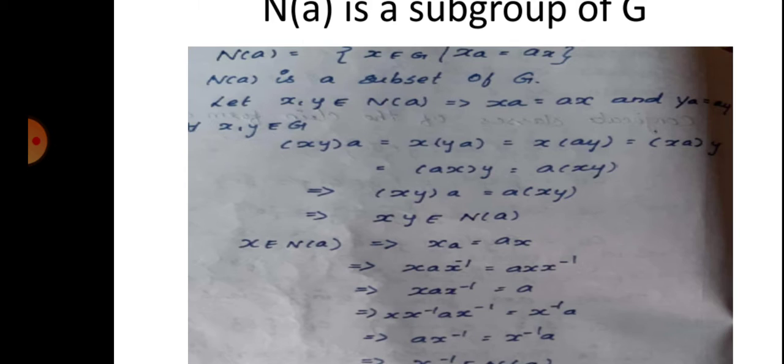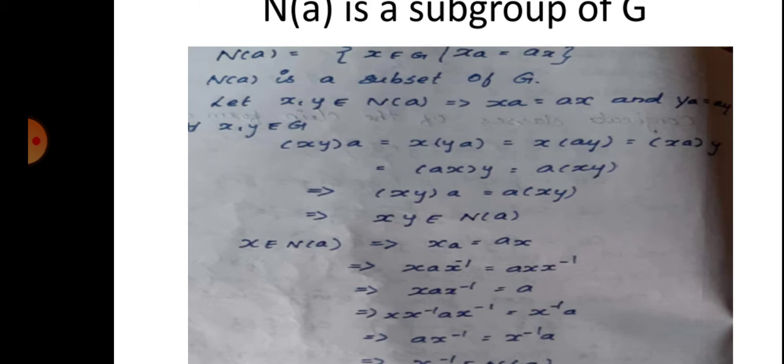But by the definition of N of a, xa is equal to ax. So again applying associativity, (ax)y equals a(xy). Hence we have proved that xy commutes with a, therefore xy belongs to N of a. So now the closure property is verified.